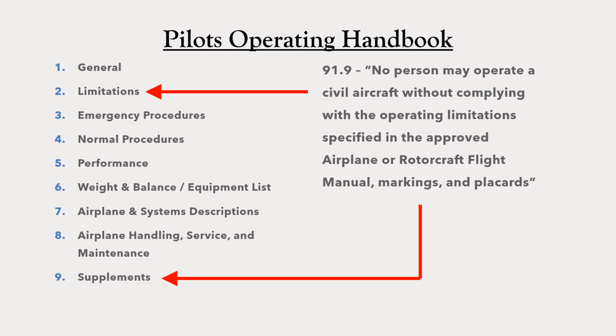The airplane flight manual is included within the pilot's operating handbook, but the pilot's operating handbook also has some other information. So the parts of the pilot's operating handbook that are mandatory are Section 2 on limitations, and much of the information that would be in Section 9, which are supplements.